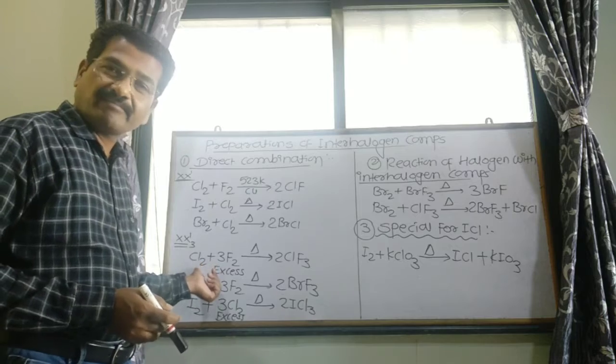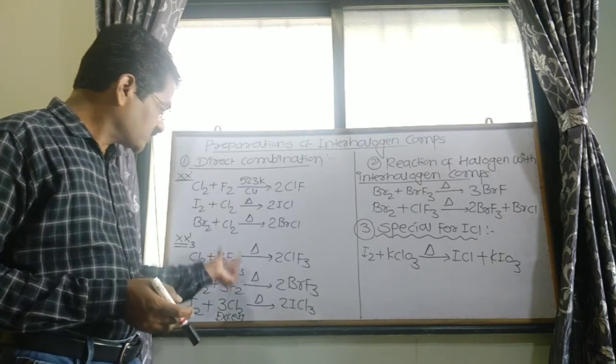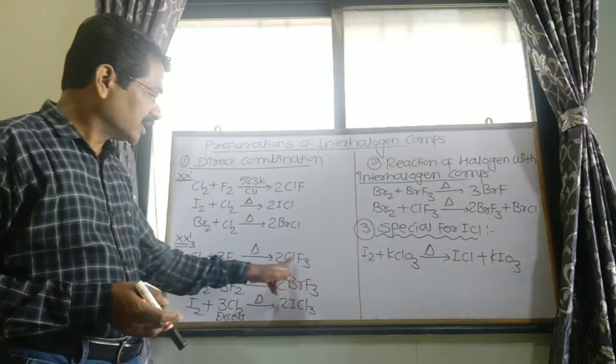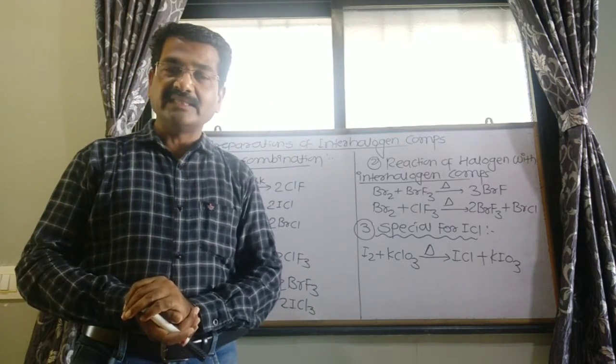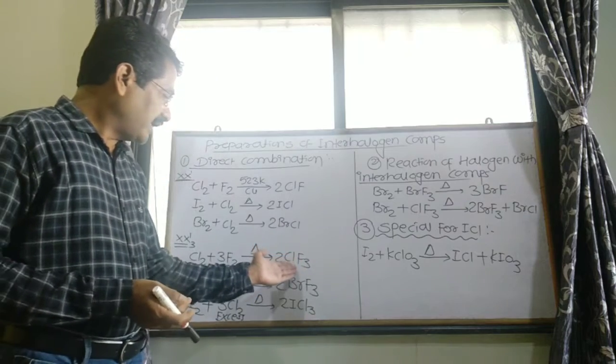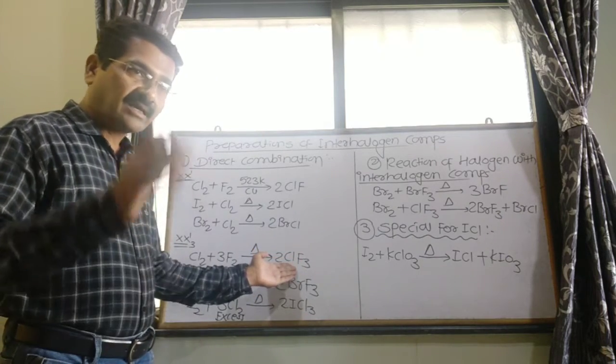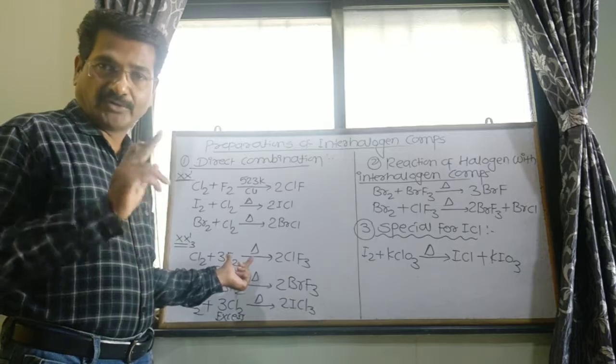First example, chlorine can react with excess fluorine, then it gives chlorine trifluoride, ClF3. In this reaction, chlorine fluoride requires the excess of fluorine.